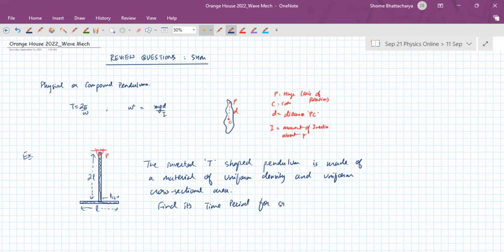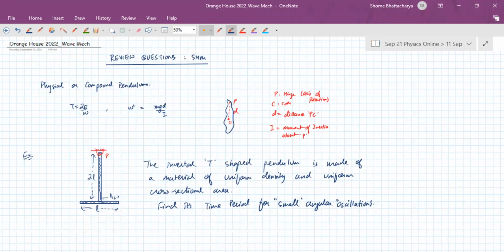for small angular oscillations. So as we discussed, a physical pendulum performs angular harmonic motion for small angular oscillations only, or small angular displacement or amplitude only. So that condition becomes a necessary thing for the angular harmonic motion.